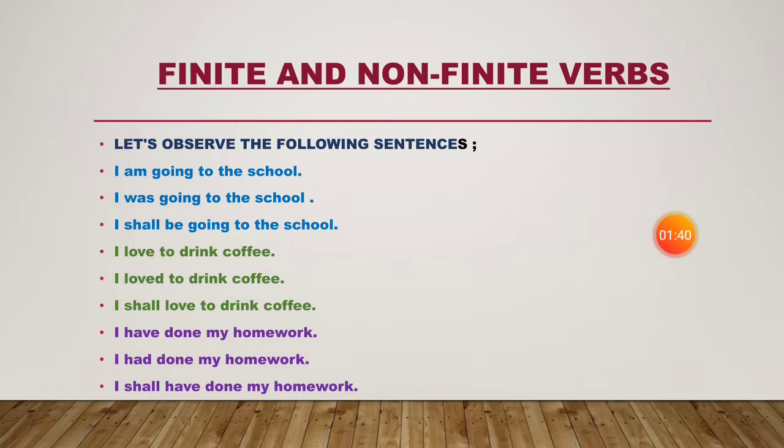And in the third sentence, I shall be going to the school, the helping verb shall be is again indicating that the action will happen sometime in the future. But in all three sentences, the doing word going has remained the same.